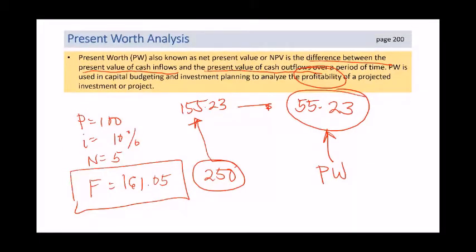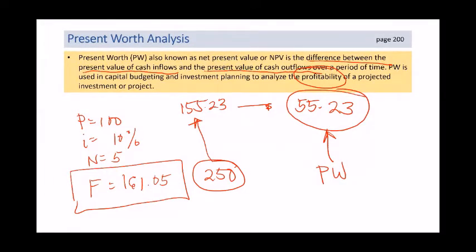It is just like the worth of a good is 155.23, but you paid only 100. You got my point? What is present worth? You invested 100 during year 0. After 5 years, you expect 161.05, but instead you got 250.